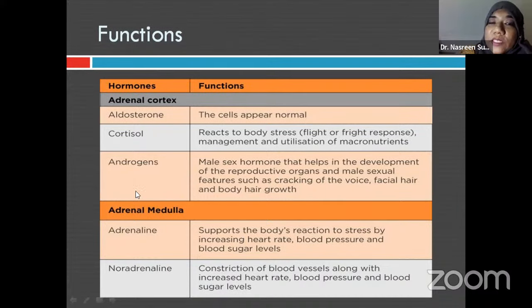Androgens are male sex hormones. Adrenaline and noradrenaline influence heart rate and blood pressure. You know the sympathetic nervous system is run by adrenaline and noradrenaline.